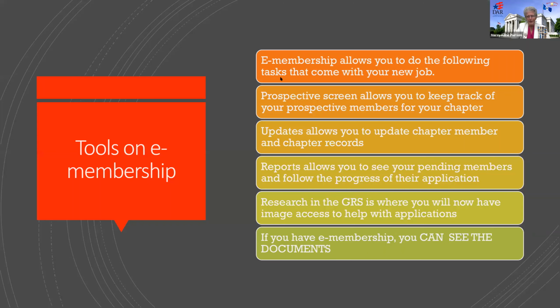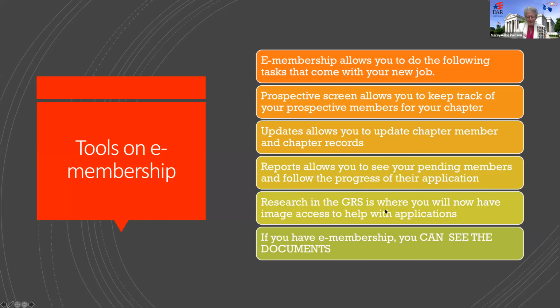There are lots of tools on e-membership. It allows you to do tasks that come with your new job. There's a prospective member screen that allows you to keep track of members that you're working with for your chapter. There's an update screen that allows you to update chapter members and chapter records. There's a report screen that allows you to see your pending members and follow the progress of their application.